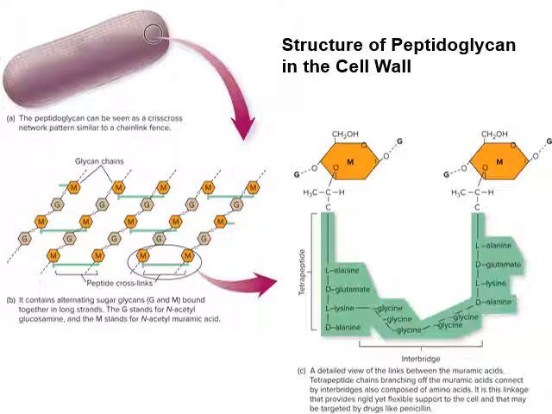Now, those long chains of sugars are held together by peptide bridges. And the peptide bridges are built out of tetrapeptides. That means 4 amino acids covalently bonded. And those 4 amino acids here are alternating D and L amino acids.